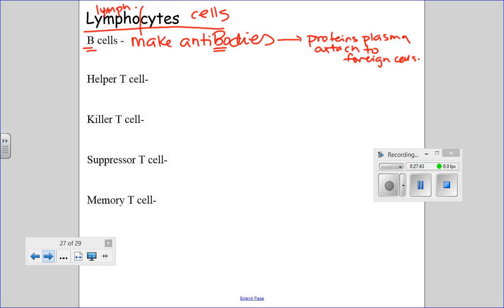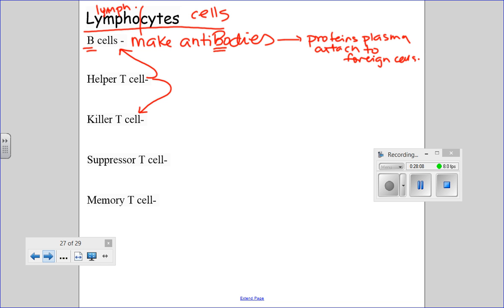So we have one that's called a B cell, and then we have a bunch of things that are all called T cells. Helper T cells do exactly what their name suggests. They help B cells, and they help killer T cells. So they assist those two cells in performing their function.